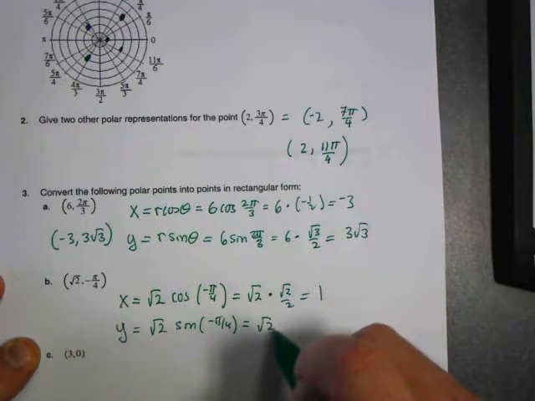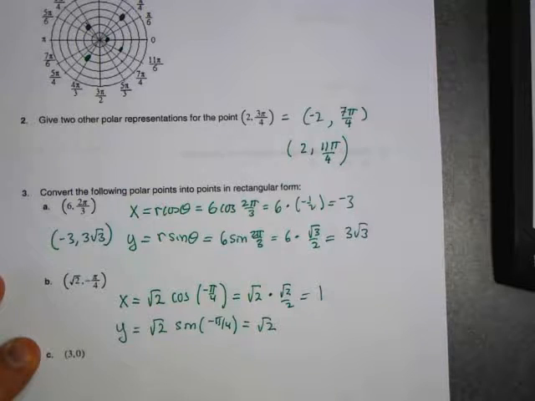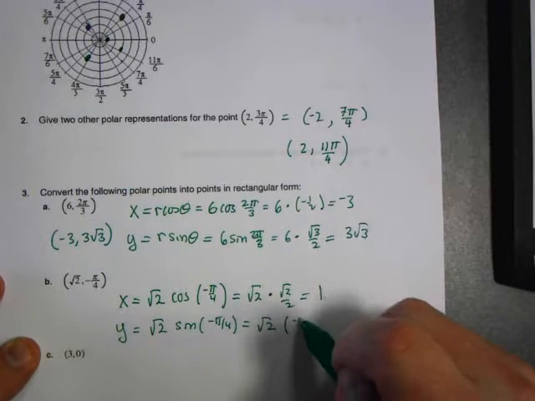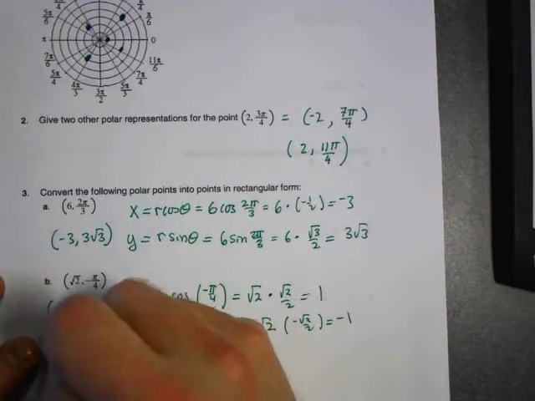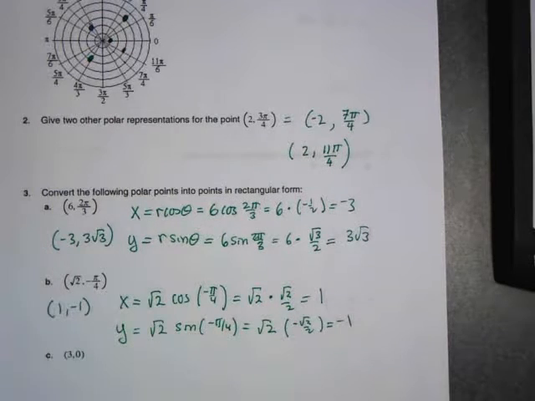What's the sine of negative pi over 4? That one would be negative because sine is negative in quadrant 4. So that would be negative 1. So the point square root of 2 comma negative pi over 4 in polar form is exactly the same as the point 1 comma negative 1 in rectangular form.